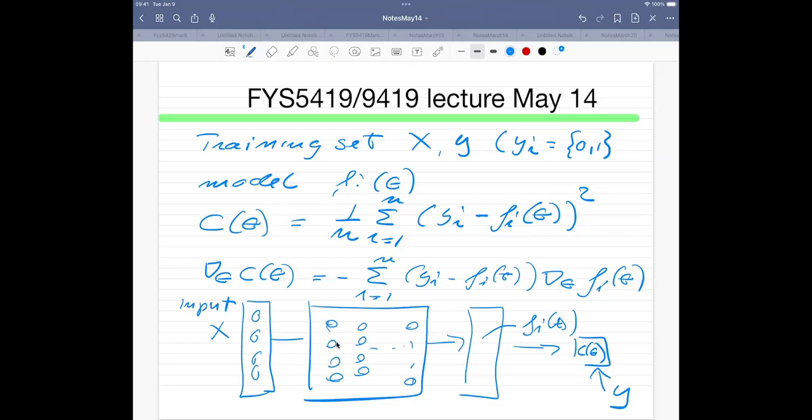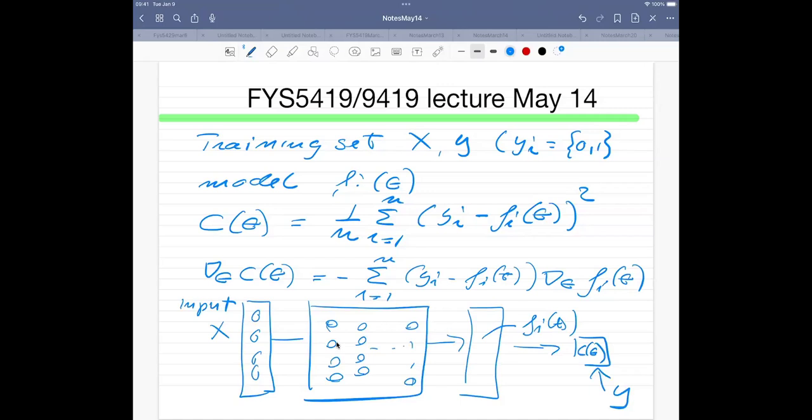So the back propagation algorithm, the famous algorithm, is actually nothing but you using the chain rule. And this can then be automatized with automatic differentiation, and you have several functions and libraries which do that for you.